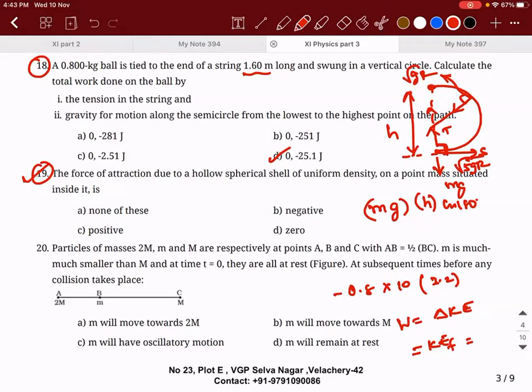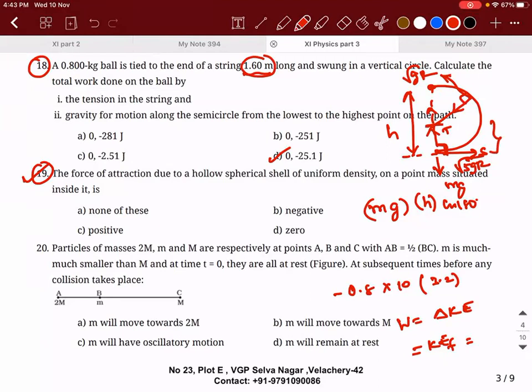So the force of attraction due to a hollow spherical shell of uniform density on a point mass situated inside it is what? Zero. Sir, what did you take for the height? Height is 2 times the length of the string. Yeah, okay, sir. Length of the string is this much, right? I hope you are able to understand. Yes. Right?